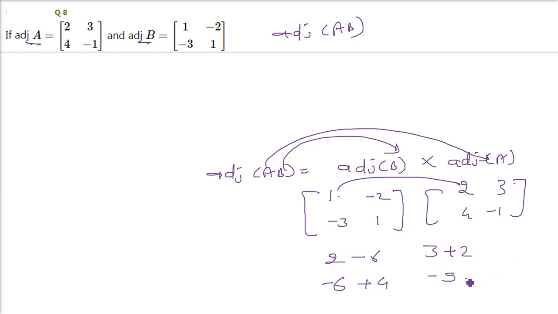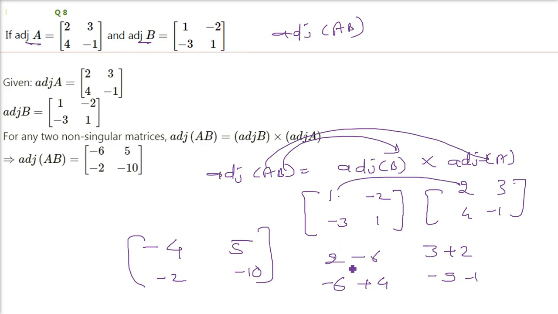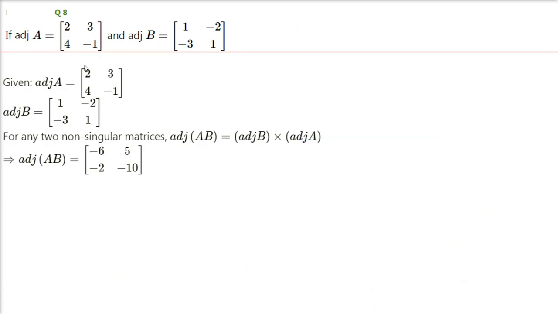Okay, what do you get? Here you get 2 minus 8, I'll just change it, it is going to be minus 6. So minus 6, 5, minus 2, minus 10. That is going to be your final answer, right? As I said, it's minus 6. This is your final. But please remember, adjoint AB is adjoint B into adjoint A.